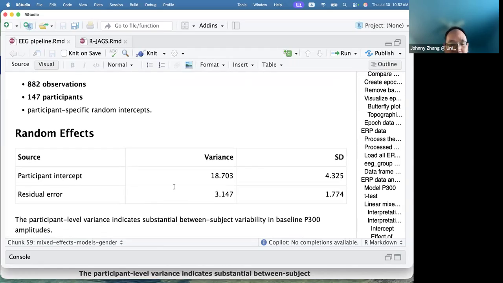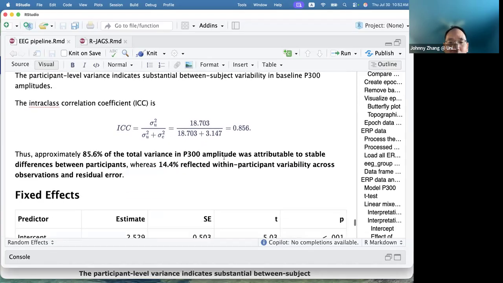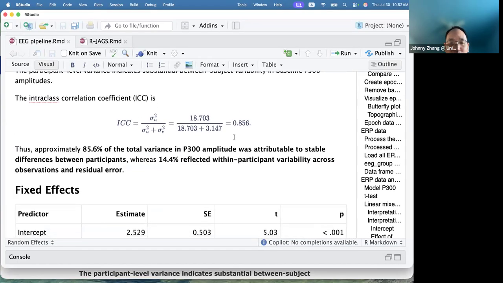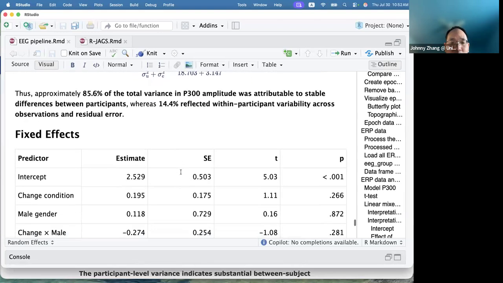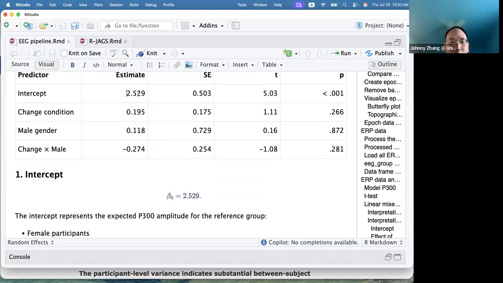As a result, first we look at the random effects, again a very large variance for this intercept. So therefore, the ICC is large, so it's necessary to use the mixed effect model. And for the fixed effects, the intercept, oftentimes we are not interested in. For the changing condition, notice it is insignificant, which means again we didn't find a difference between the appraised condition and watch condition.